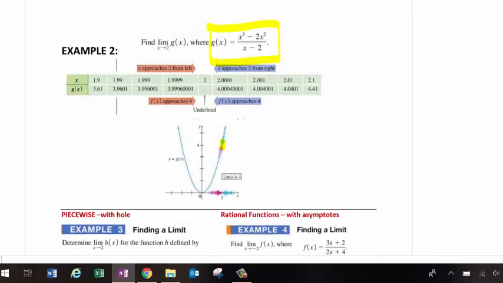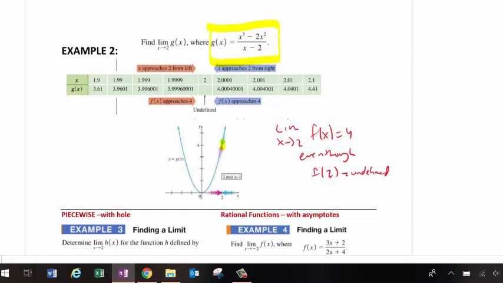So remember, I don't care what's happening at that actual value. I am asking what happens as I get closer from the left and the right, and does it approach the same value? So looking at the chart and looking at the graph, we are approaching 4, even though f of 2 is undefined, because there's a hole there.